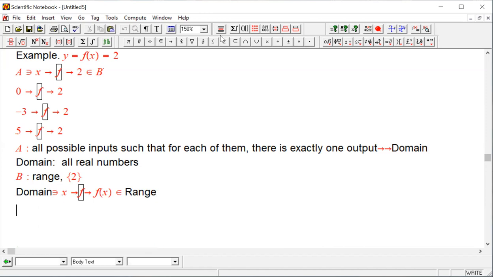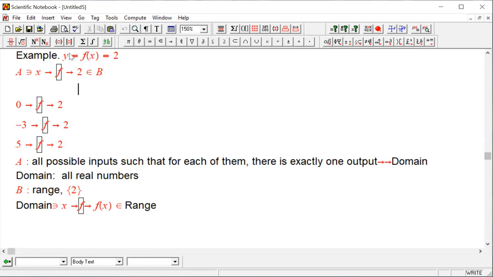So now let us do another thing, right? For each input, we have exactly one output. So how about we do something here?